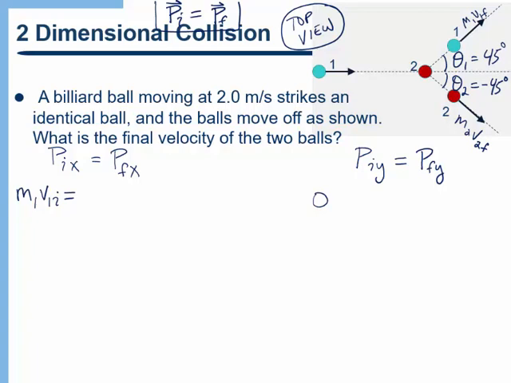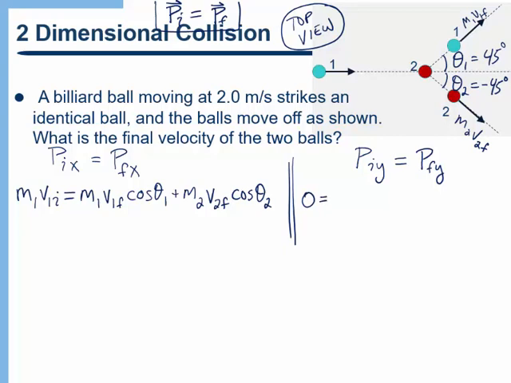So in other words, we have m1 v1 final times the cosine of theta 1 and m2 v2 final times the cosine of theta 2. Now let's go ahead and look at the y direction. Again, the momentum initially in the y direction is 0.